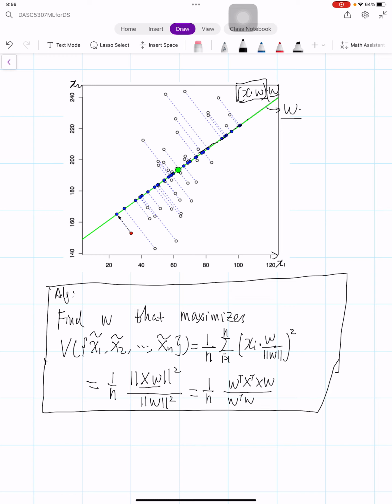Okay, think about what kind of W is going to maximize this value.